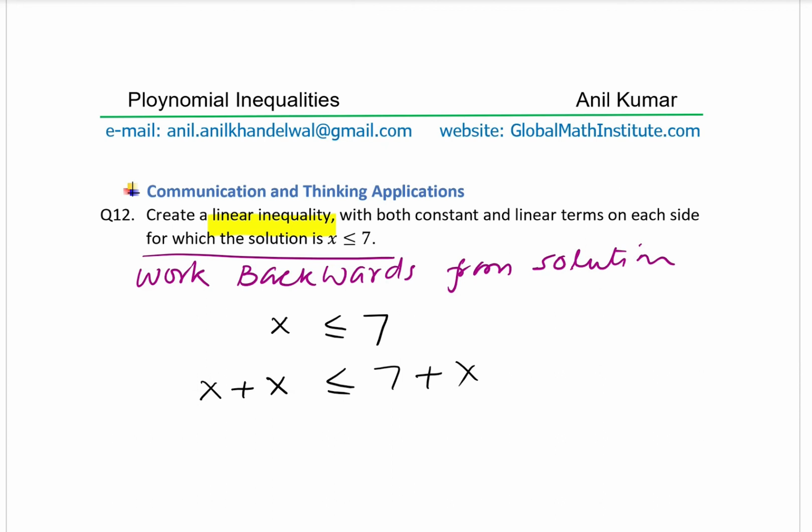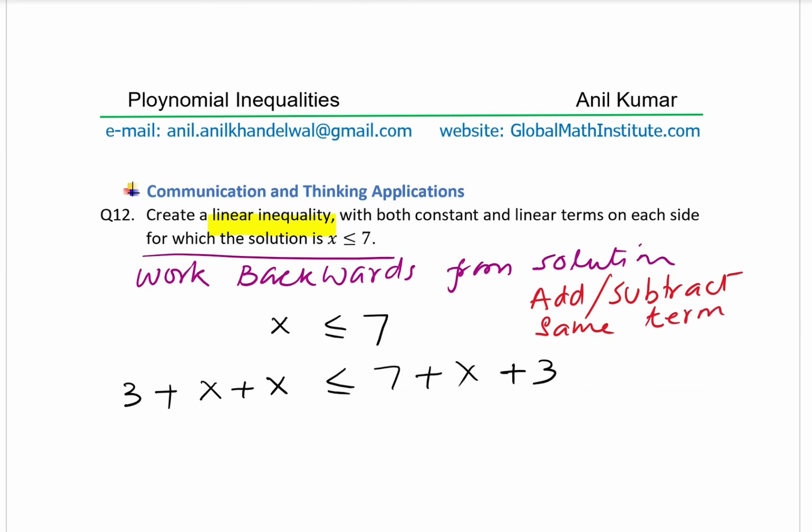Well, this becomes 2x. We can also add a number, let's say 3. What you can do here is kind of important to write: you can add or subtract the same term on both sides.